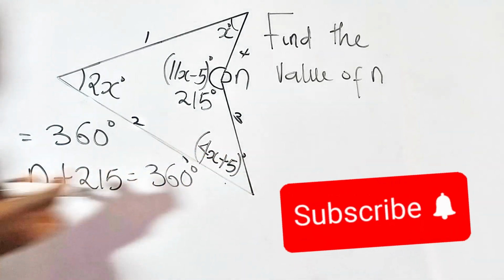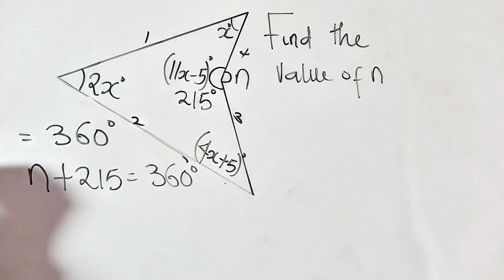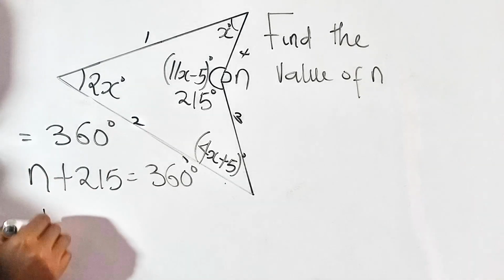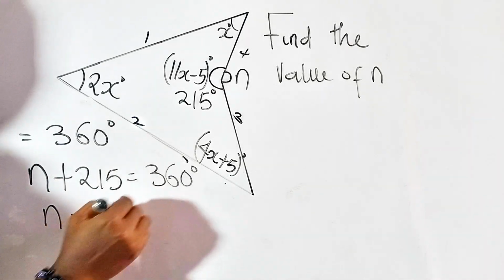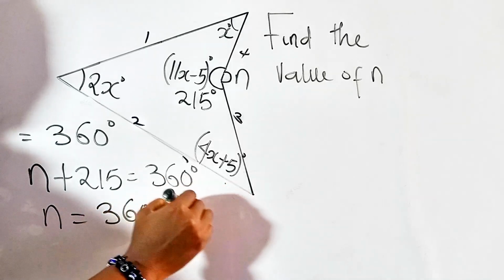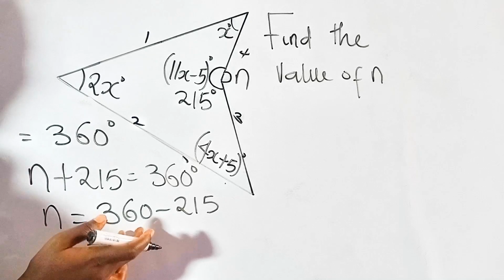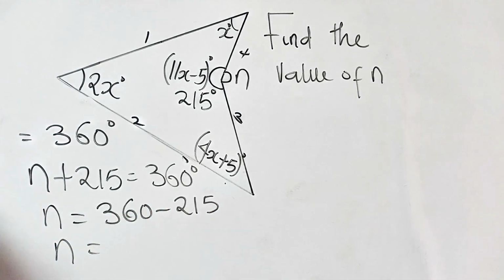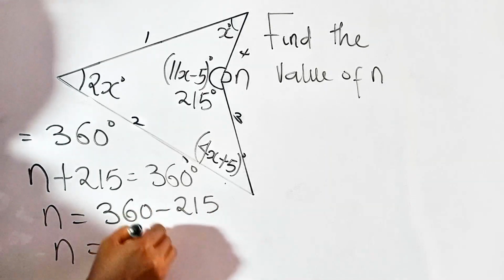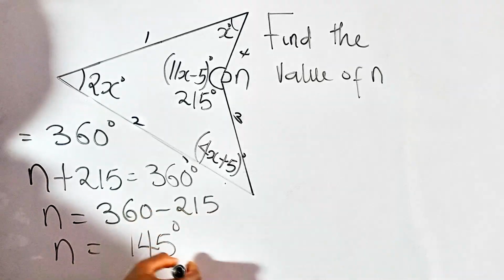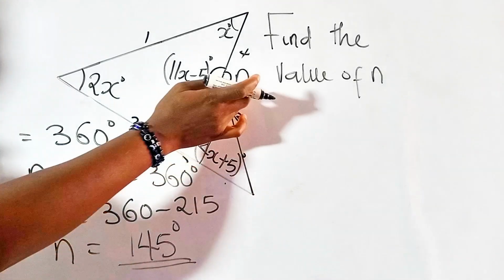So I will subtract 215 from both sides of the equation. I'll have n equals 360 minus 215. If we do the subtraction, 360 minus 215 gives 145 degrees, and this gives us the value of n.